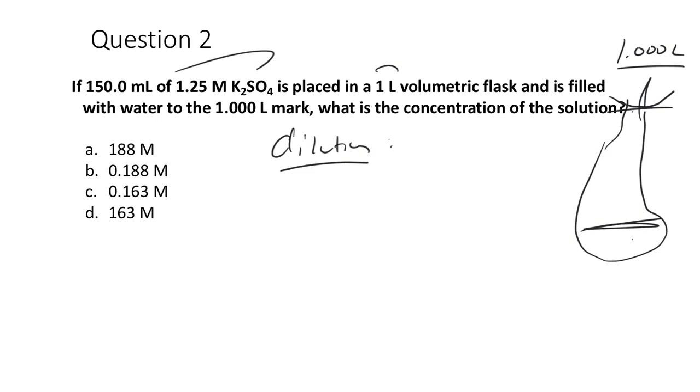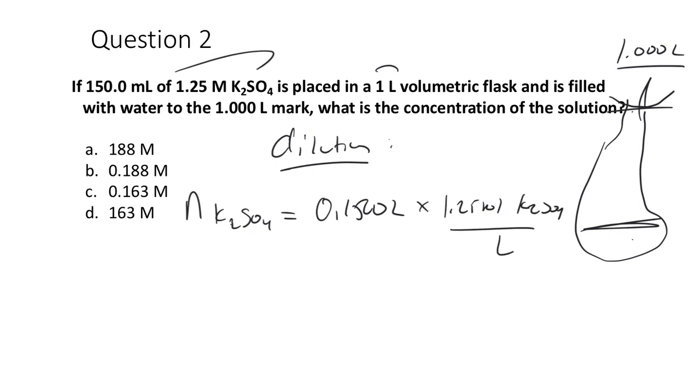We can either use the dilution equation or just think about molarity and the final volume. Let me think about the molarity problem. Let me solve for the moles of K2SO4 initially in the solution here. So I have 0.1500 liters of that solution times 1.25 moles of K2SO4 per liter.